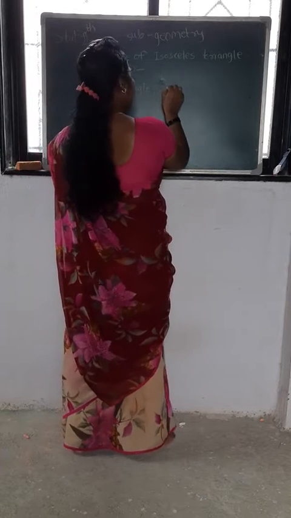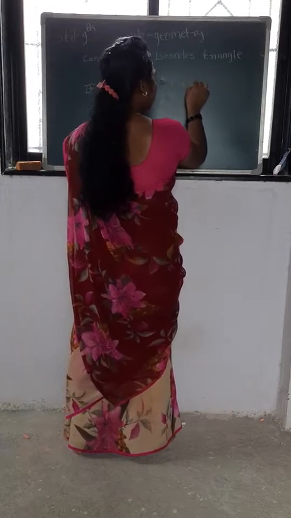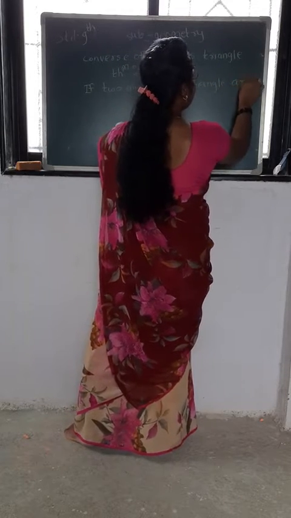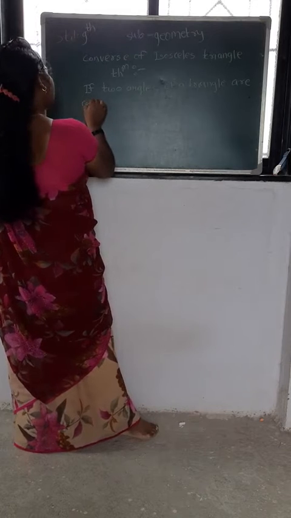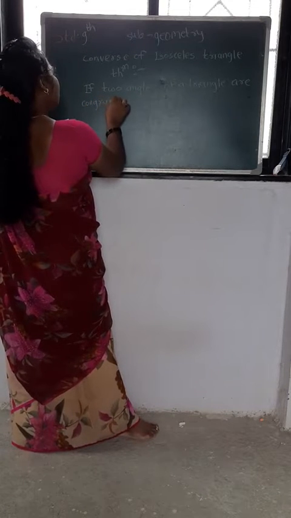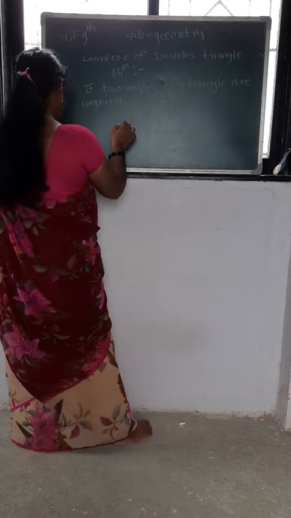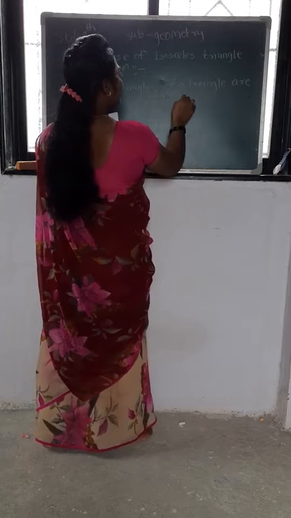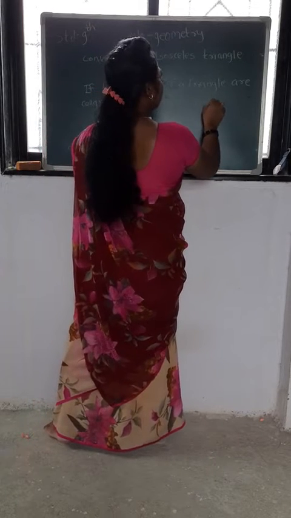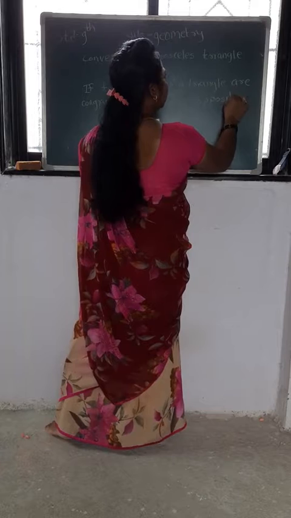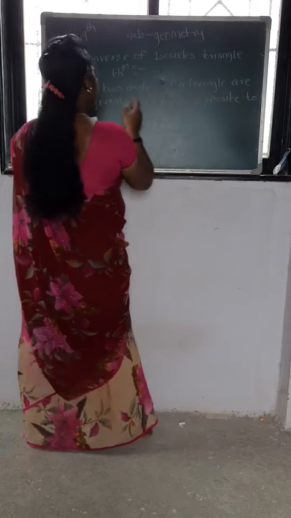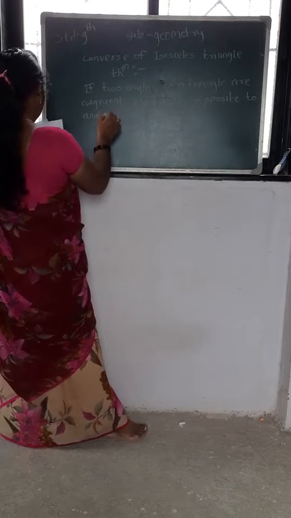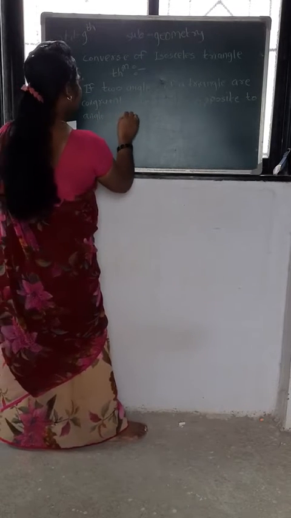of a triangle are congruent, then the sides opposite to those angles are congruent.